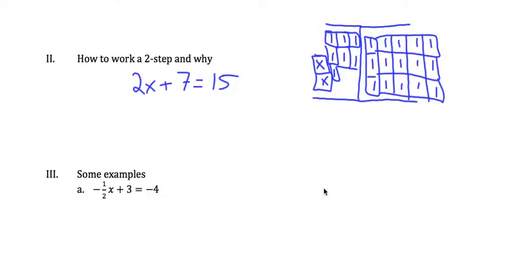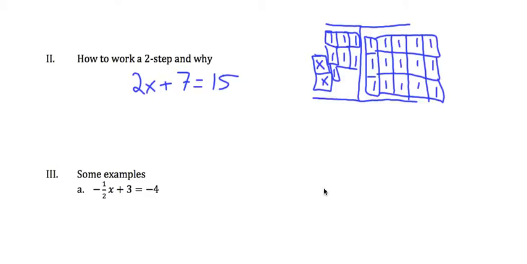The problem is we have to do the same thing to both sides in order to keep things balanced. So to get 1x over on the left-hand side, you might think, oh, let's subtract x. But if we subtract an x from this side, we would also have to subtract an x from the other side, and we don't really have any x's to subtract from, so that's not going to be helpful. The other thing that we could do is divide both sides in half.